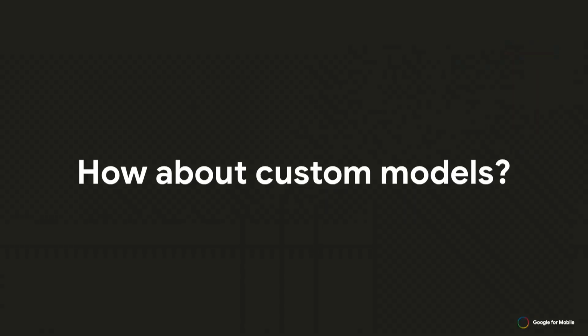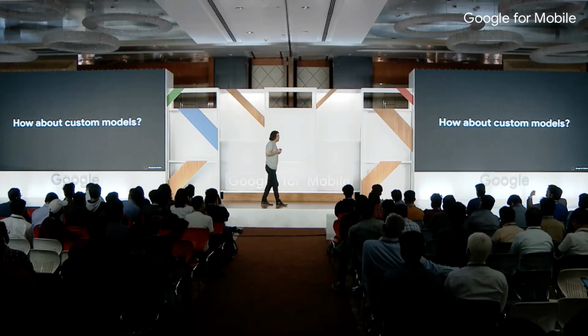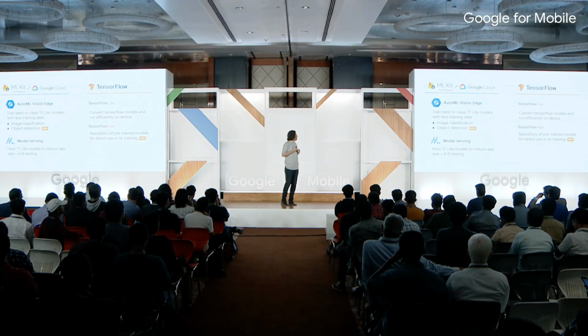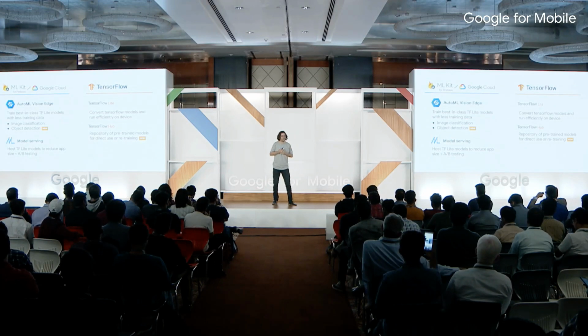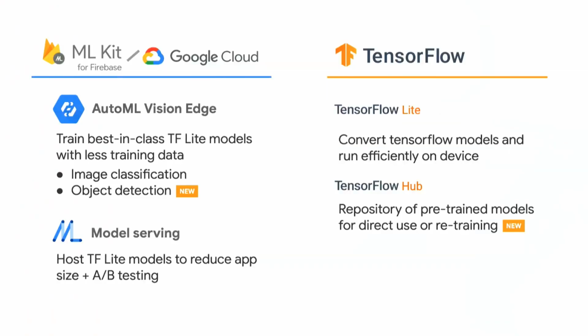Okay, enough about these turnkey solutions. So how about custom models? Well, as Google, we provide a number of solutions. As part of MLKit, we have AutoML Vision Edge. AutoML Vision Edge makes it possible for you to train on-device models that are best in class, but with much less data.